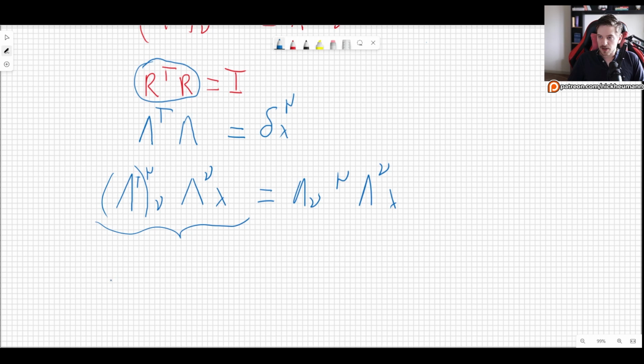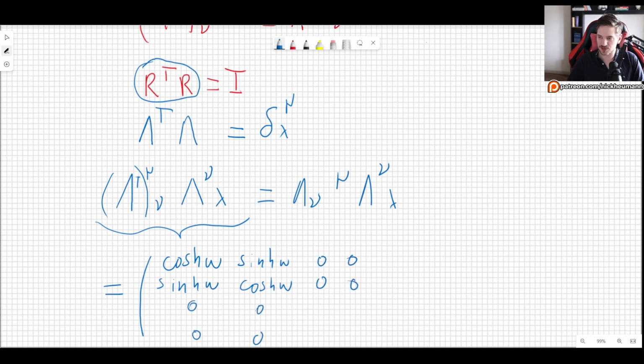Now what is the transpose? We just found it. It is cosh omega, sinh omega right next to it, then 0, 0, 0, 0, 0, 0, 0, 0, 1, 0, 0, 1.